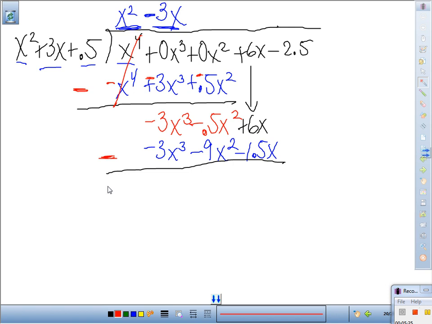Why do I do that? Because my brain needs to see that. It is going to tell me to change all these to their opposite signs. So this becomes a positive, positive, and positive. Now some of you do that automatically. You guys are geniuses. This cancels, and I'm left with 9 take away half, that's 8.5x squared. 6 and 1.5, that's positive 7.5x.